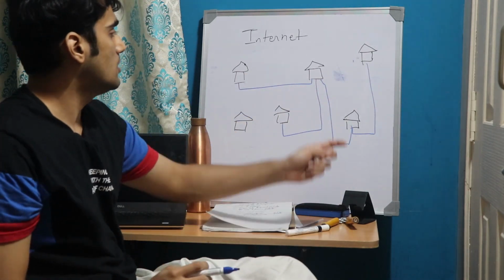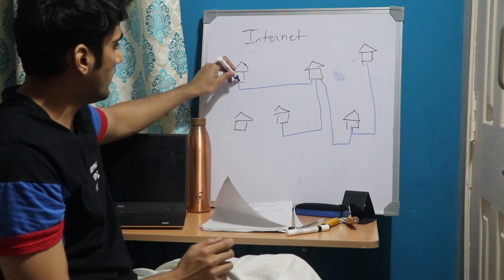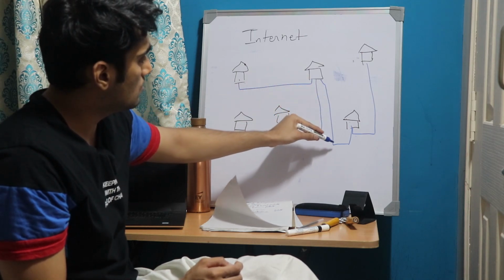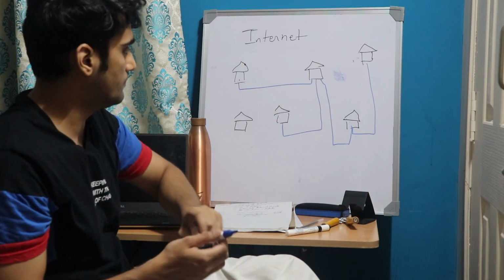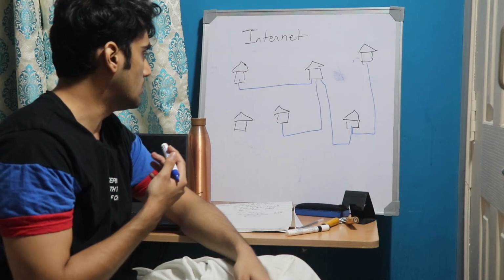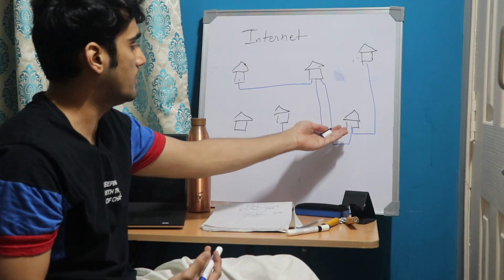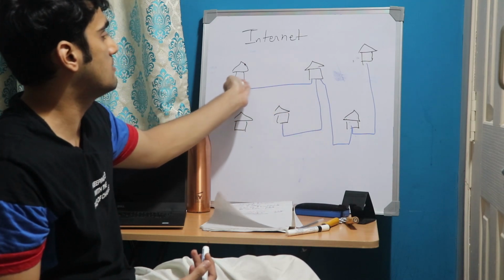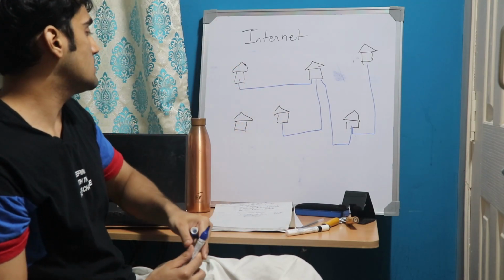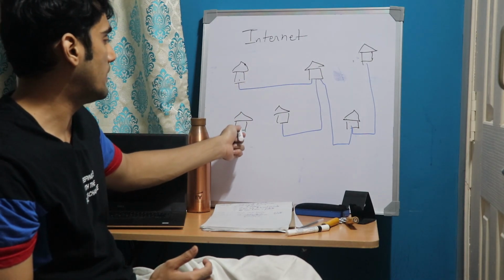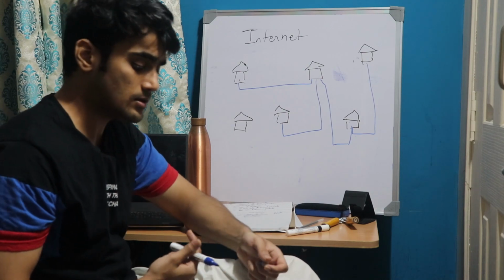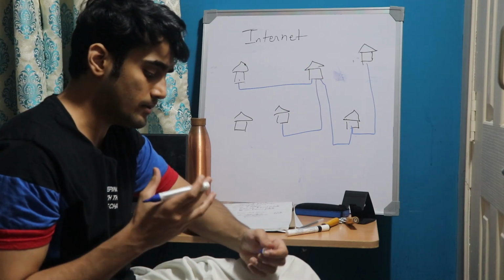As you can see, if I am living over here and my friend is living over here, I can use this road to go to my friend's house, and I can even send them a gift, and they can also come later and send me a gift. But this house isn't connected by any road, so no one can reach this house, and neither can anyone from this house reach any other house.